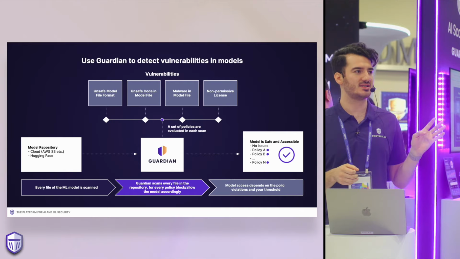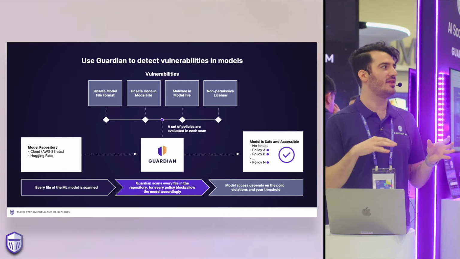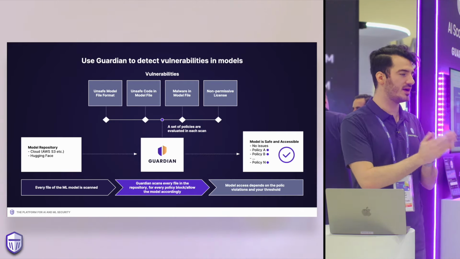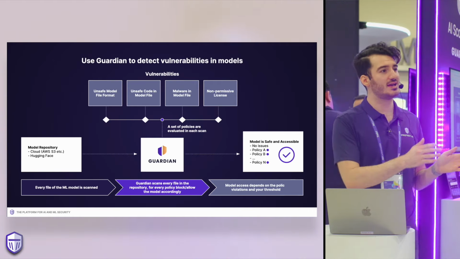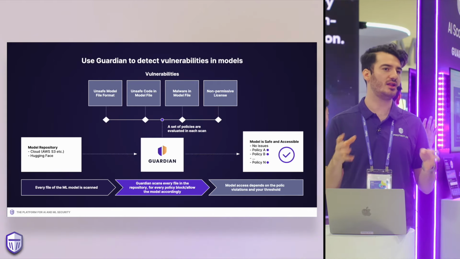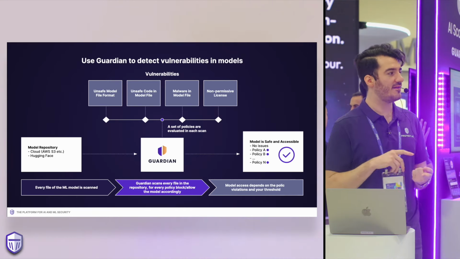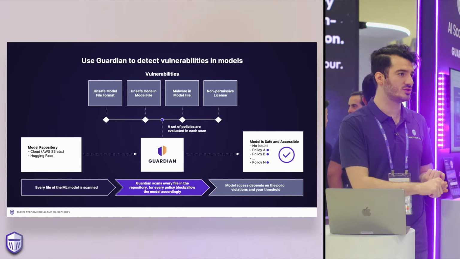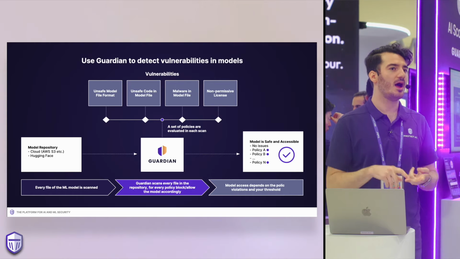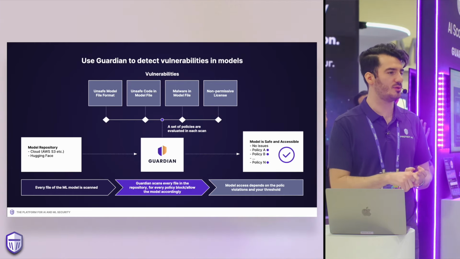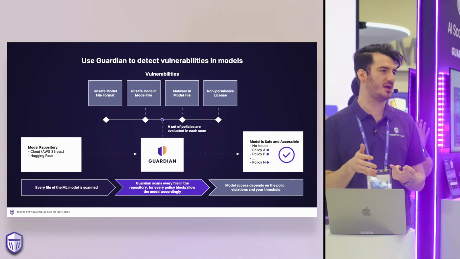Guardian has a built-in list of scanners that will analyze the model first while it's being downloaded, and second while it's being deployed, to evaluate the models for security vulnerabilities. Any security vulnerabilities it finds, it first alerts the user during installation, but it also double checks during deployment to ensure that accidentally no models are being deployed to production.